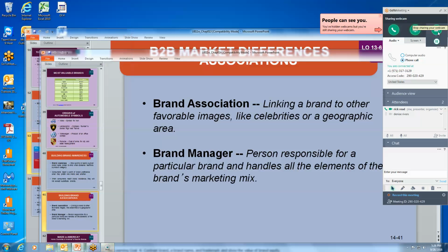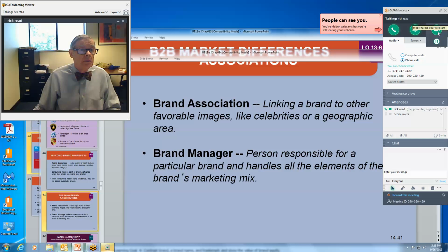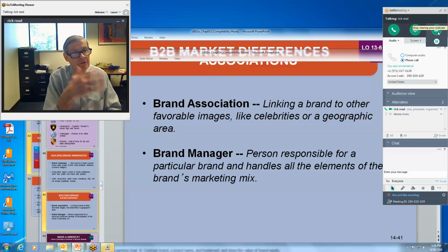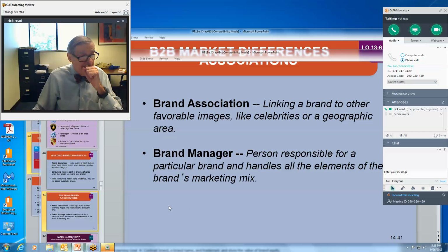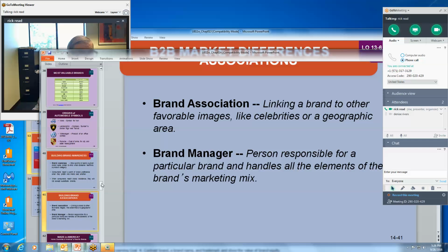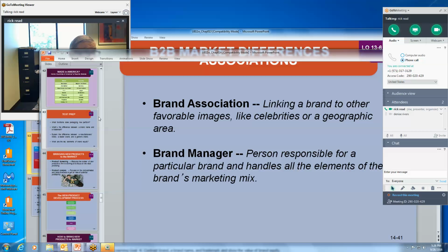Brand association, linking a brand to favorable messages with the geography, perhaps, or with celebrities, as mentioned here. The brand manager is the person who's responsible for a particular brand and all the elements in the marketing mix for that particular brand.